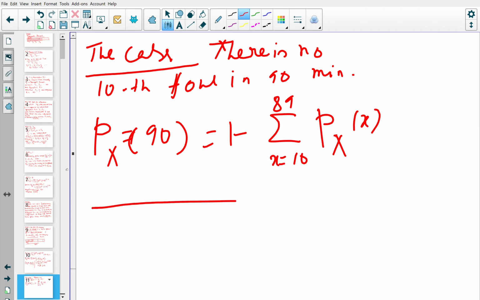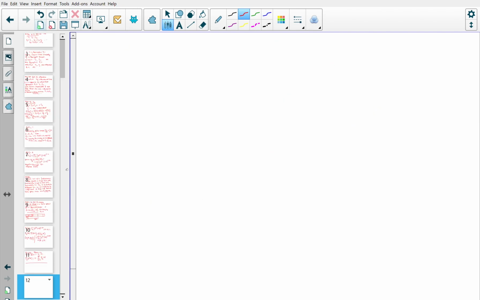This will be the probability law for the person if there is no 10th foul in the 90 minutes game, right? So this is one example where you can use the Bernoulli process to calculate this type of problem. Now if you know P, the probability of foul, then you can easily find out the probabilities, right?